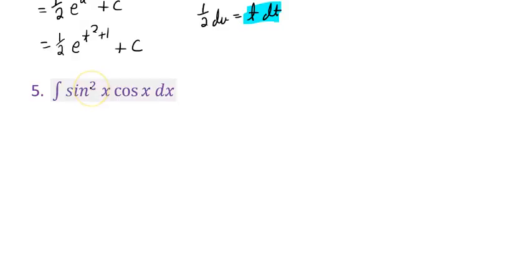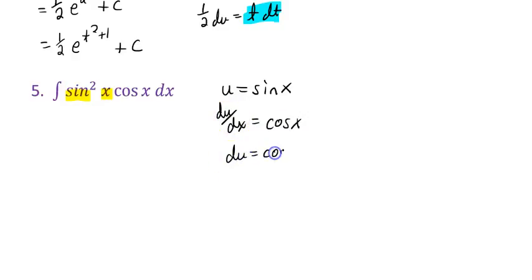I'm not going to take the squared with it, because that would create more things. So my u is just going to be the sine of x. And then take my derivative, so du dx, derivative of sine is cosine. Multiply by dx, I get du equals cosine dx.